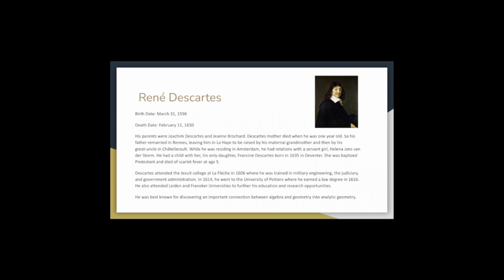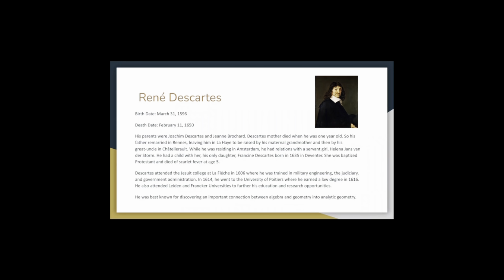While he was residing in Amsterdam, he had relations with a servant girl, Helena Jans van der Strom. He had a child with her, his only daughter, Francine Descartes, born in 1635 in Deventer. She was baptized Protestant and died of scarlet fever at age 5. Descartes attended the Jesuit college at La Flèche in 1606, where he was trained in military engineering, the judiciary, and government administration.